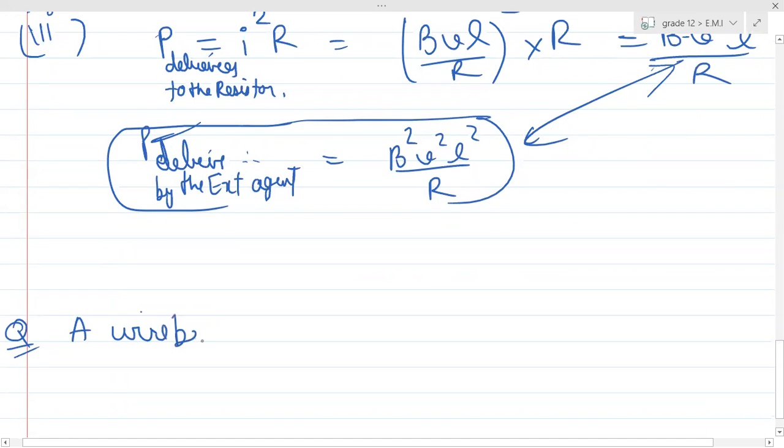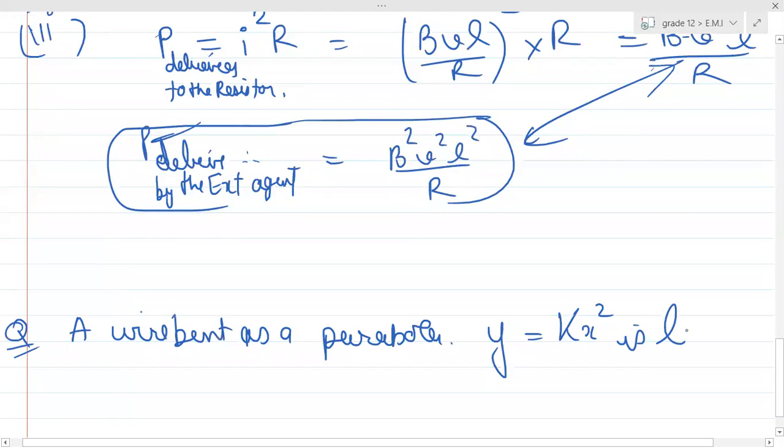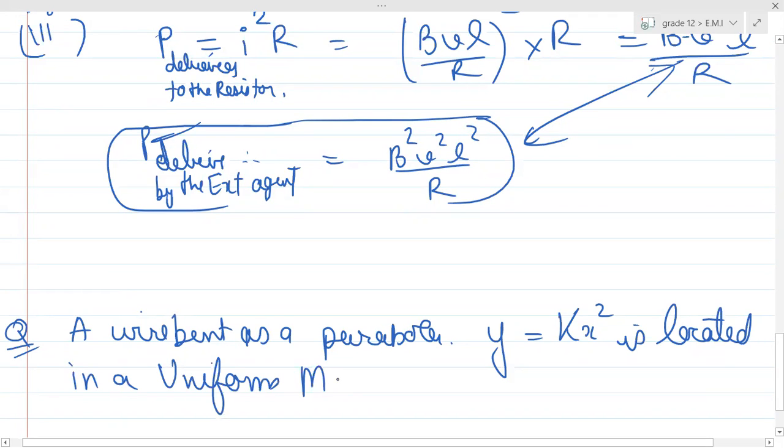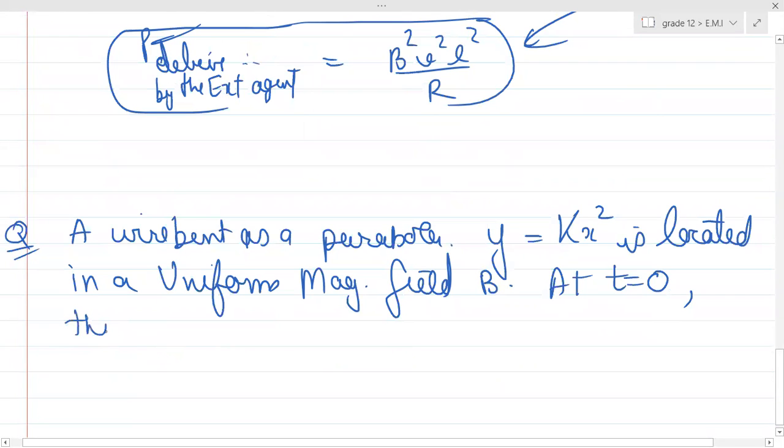Question is, a wire bent as a parabola y equals kx square is located in a uniform magnetic field B. At time t equals 0, the connector, it's the same question as the previous one, but just in case I'm doing something else, I'll just draw the diagram as well.